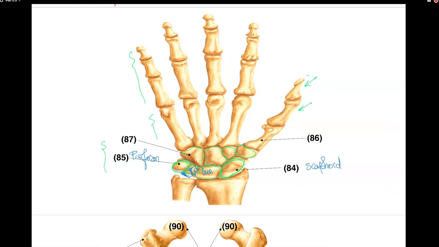You start with tri, 3, so triquetral is the first one that comes. And then I have a trapezium that has 4 angles. And then a smaller one, it looks like a trapezium but it's smaller in size, so this is the trapezoid. And then we've got the capitate, and finally the hamate.